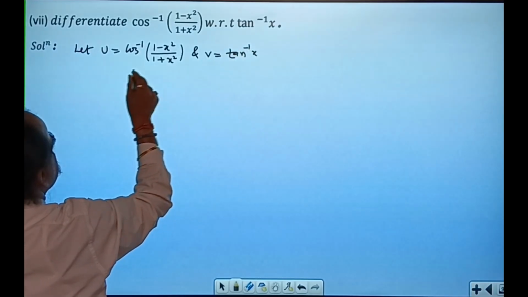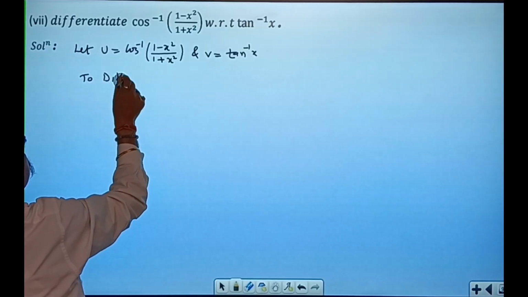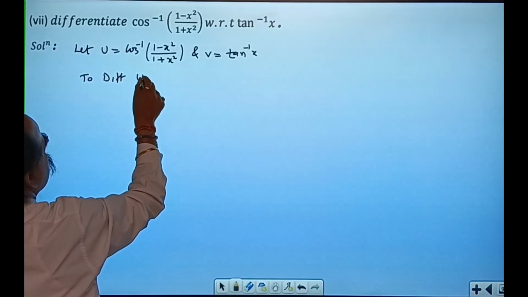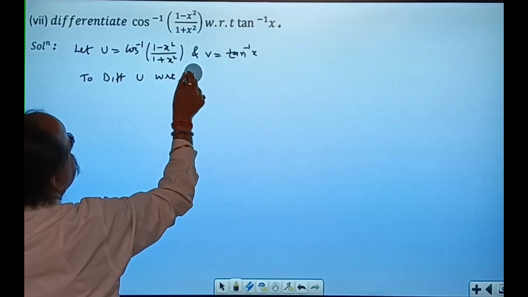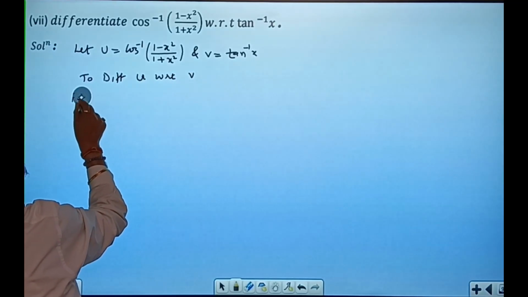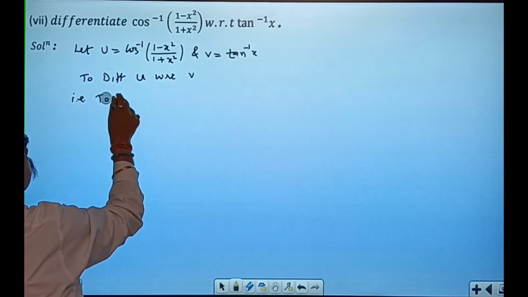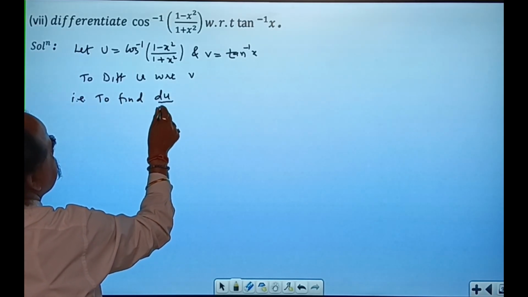Tan inverse x. To differentiate u with respect to v, that is to find du by dv.